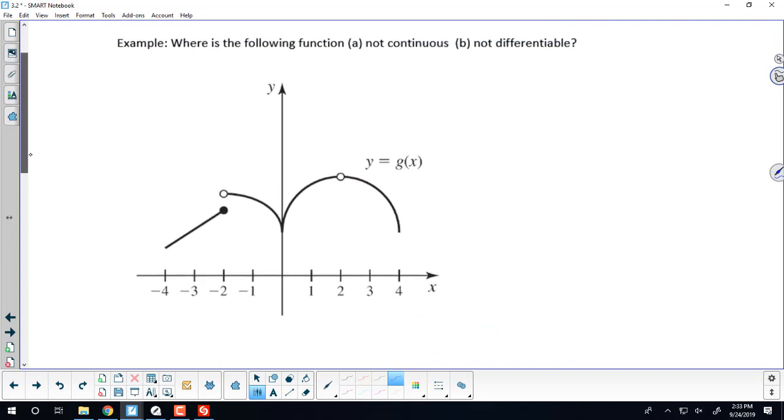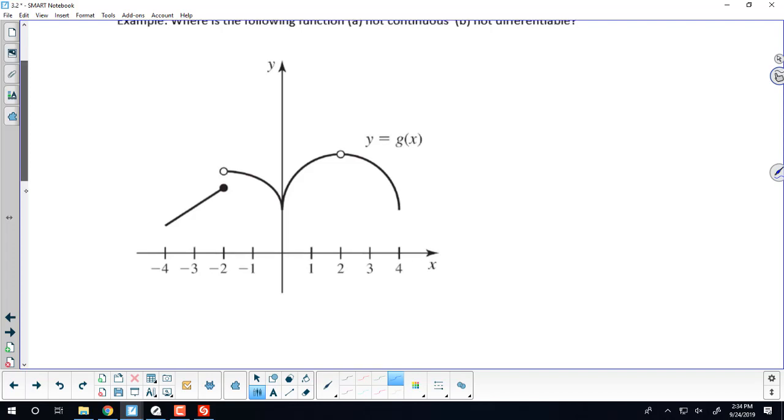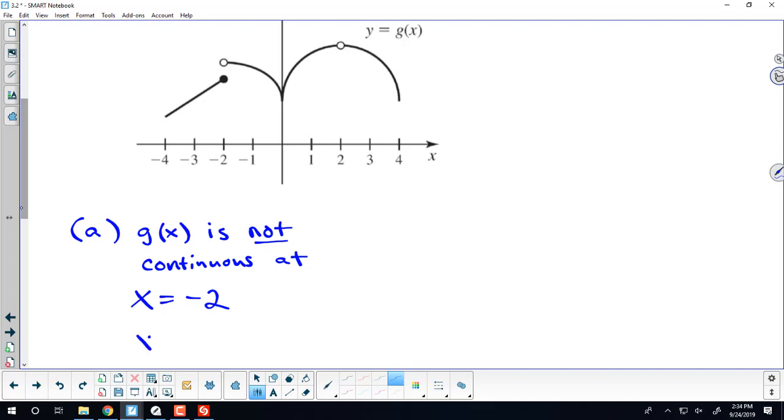Where is the function g of x, A, not continuous, and B, not differentiable? So for part A, we'll say g of x is not continuous at x equals negative 2 and positive 2.